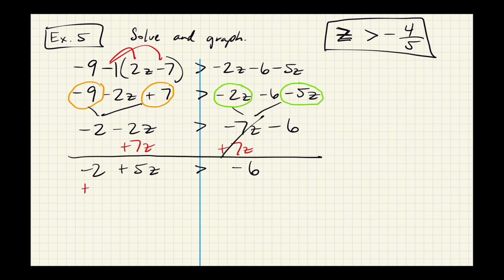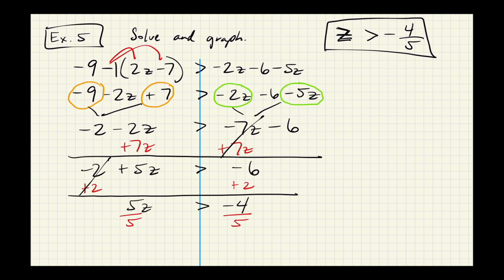Add 2 to both sides. 5z is greater than negative 4.